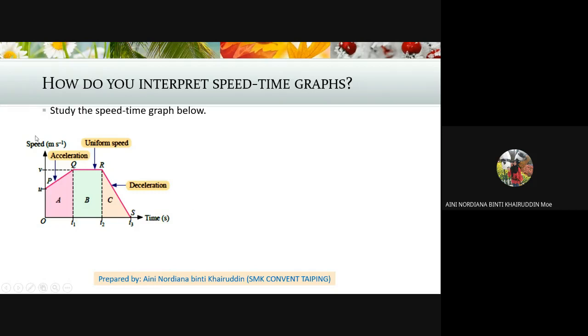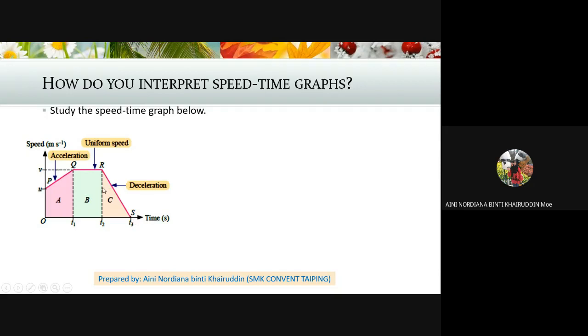Kalau distance time graph, kalau negative gradient tu adalah opposite side, opposite direction or patah balik. Tapi for speed time graph, negative gradient adalah deceleration. Apa maksud deceleration? Maksudnya from speed yang tinggi to rendah.